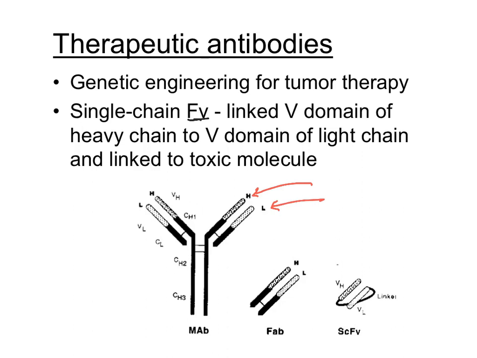And literally, they took it and in the very bottom right here, I hope what you can see, I have that arrow going to the wrong place. I'm going to erase that. All right, so here is the variable region from the light chain. Here is the variable region from the heavy chain.